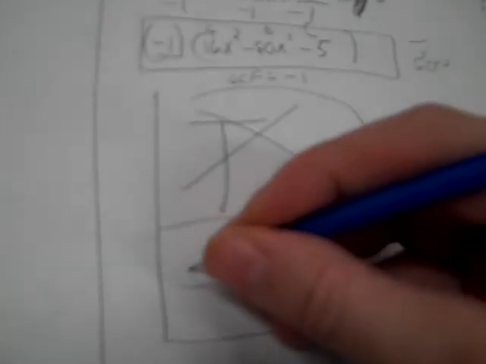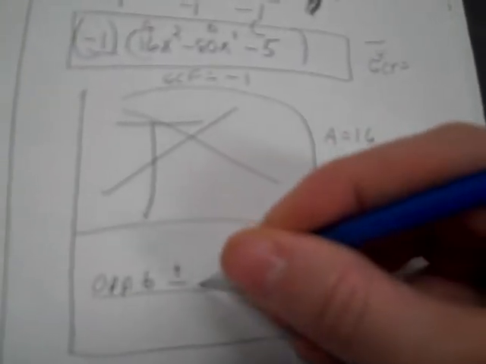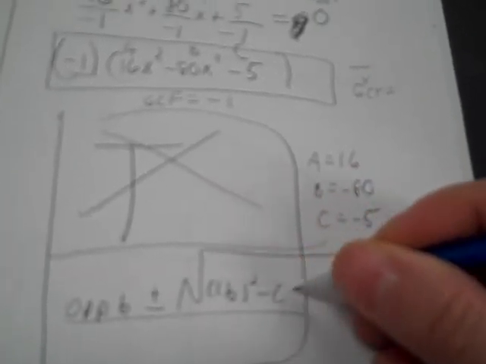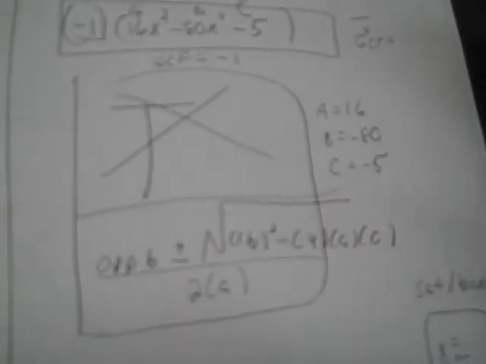So I use the quadratic formula. Opposite of B, plus or minus the square root, B squared minus 4AC, over 2A. So the opposite of negative 80 is 80.